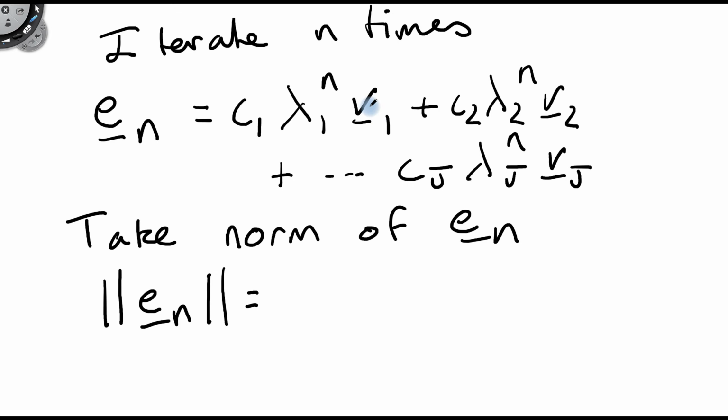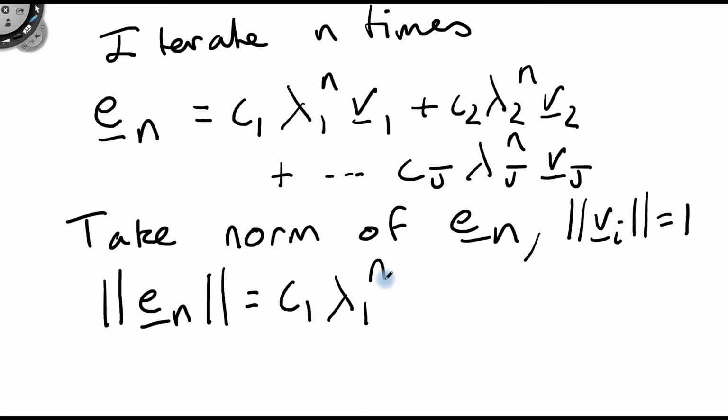So the norm of any of the vi's is just equal to 1. We simplify things even further by just having the constants times the powers of the eigenvalues.